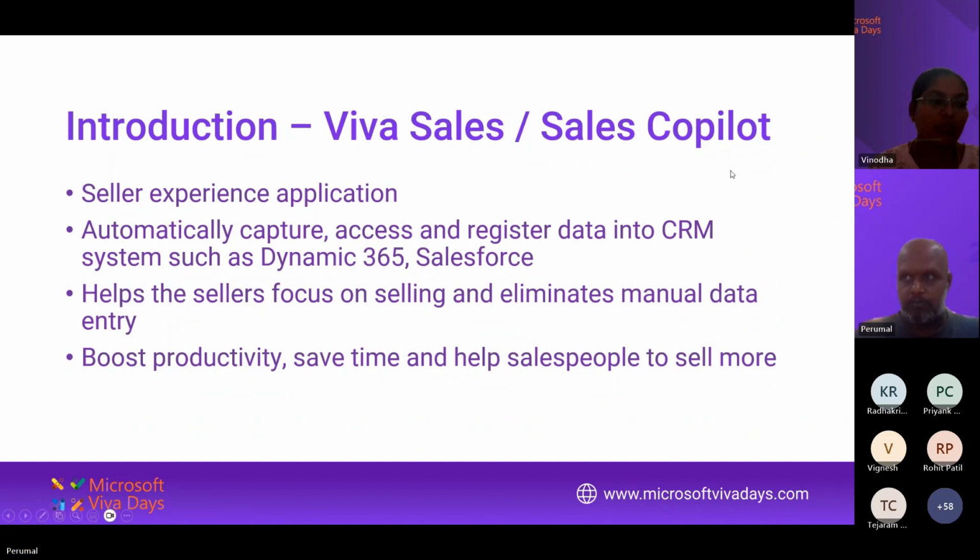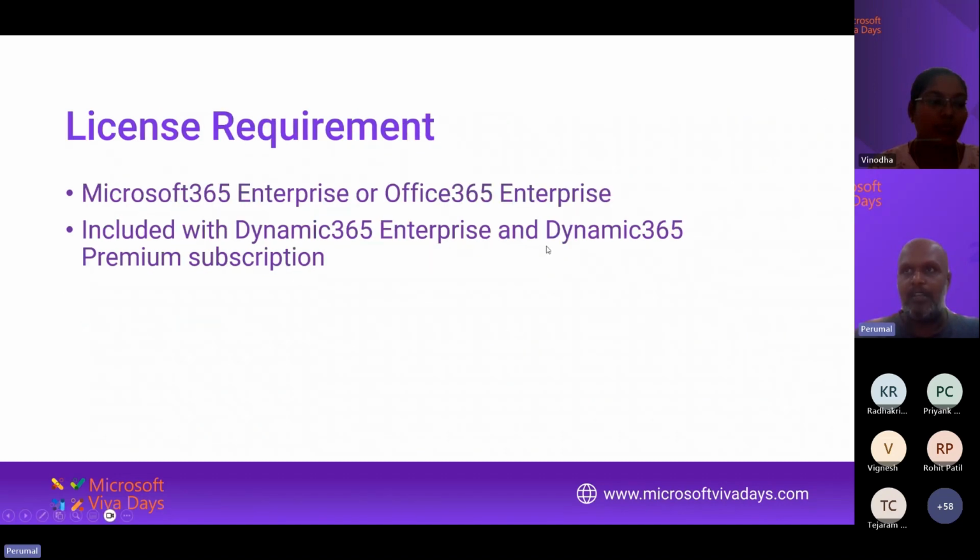So, the license requirement. To use Sales Copilot, you should have Microsoft 365 Enterprise or Office 365 Enterprise. This is a basic prerequisite, and if you have this, you can additionally purchase Sales Copilot. If you are using a Dynamics 365 Enterprise or Dynamics 365 Premium subscription, Sales Copilot is included with that.